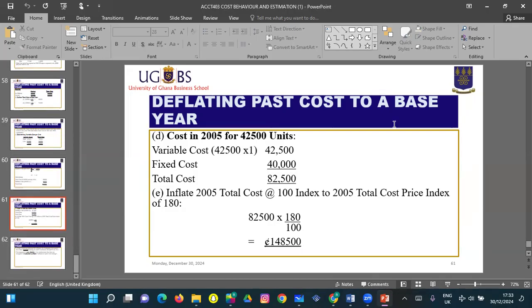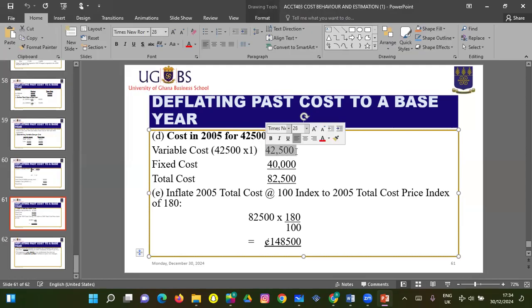Now for us to get the cost in 2025, we multiply the variable cost by the output that we want to produce, and we get our total variable cost of this. We add it to our fixed cost. Then we get our total cost. Then we inflate it by the inflation index. So now we get this.